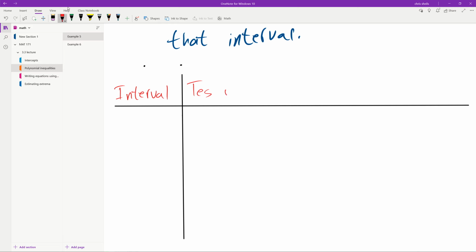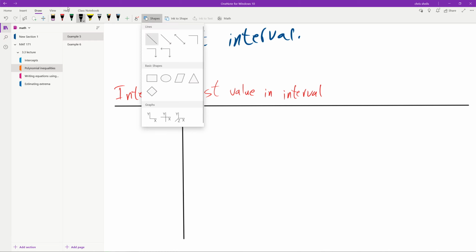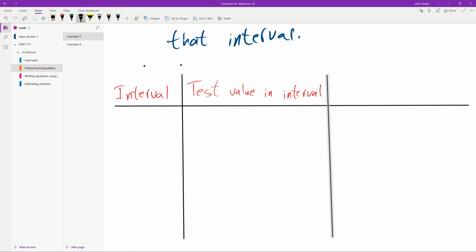My test value in interval, f of test value, this being what I get whenever I plug that test value into the function, and is the function greater than 0 or less than 0 at that test value, and therefore in that entire interval.